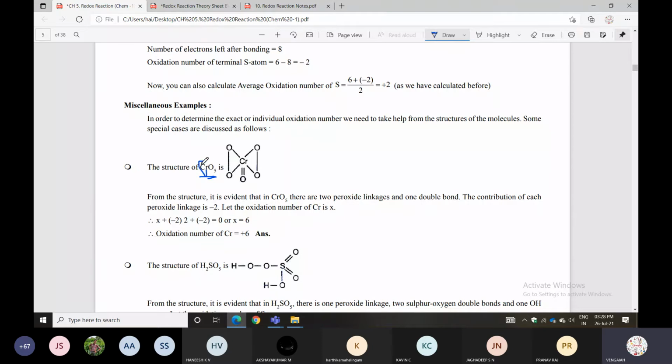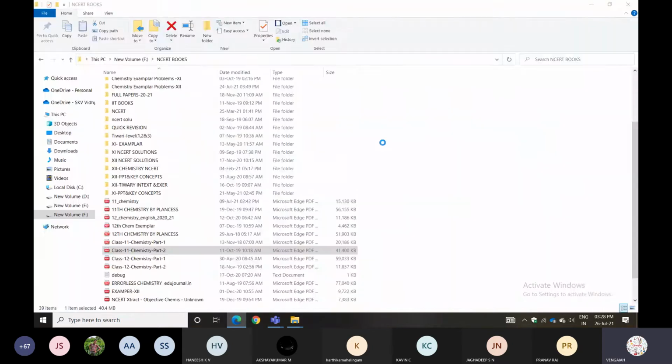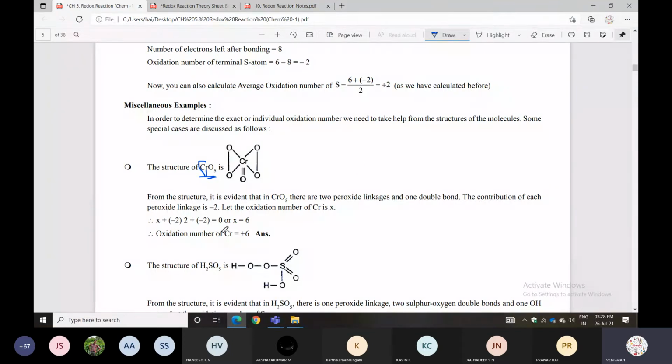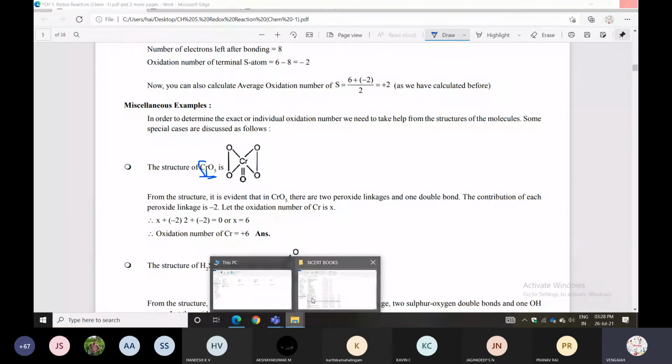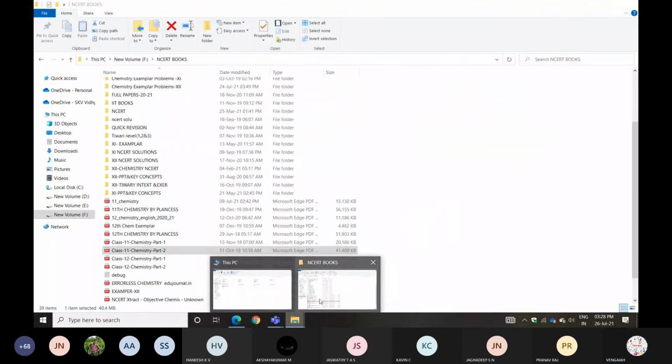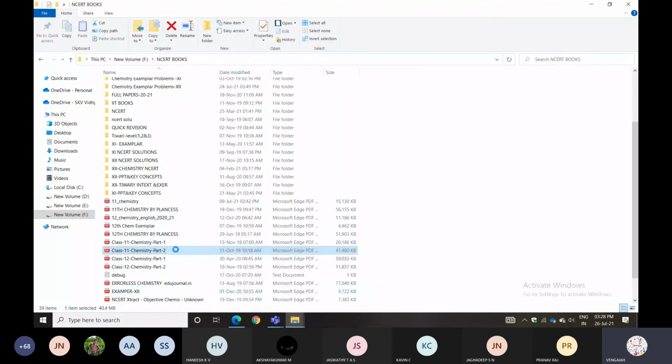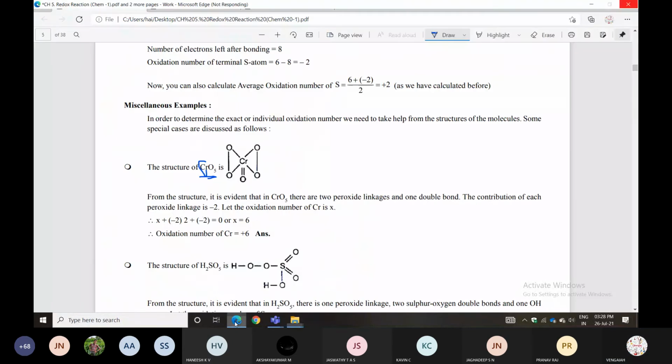First you can draw the structure. It is a butterfly structure, with chromium containing 5 oxygens. Generally the oxygen state is -2, but here 4 oxygens have peroxy bonds and 1 oxygen has a normal bond.